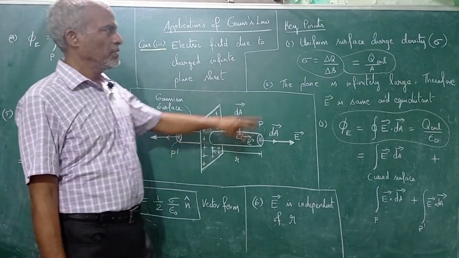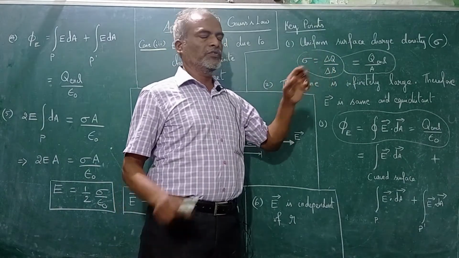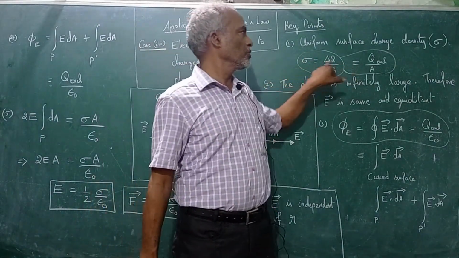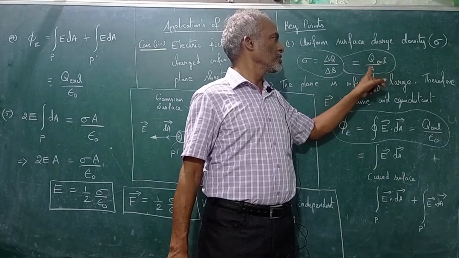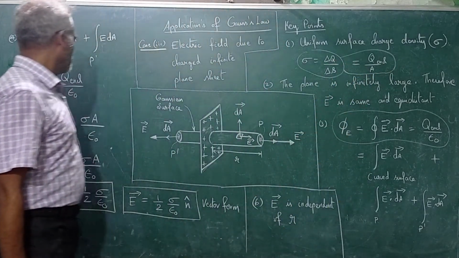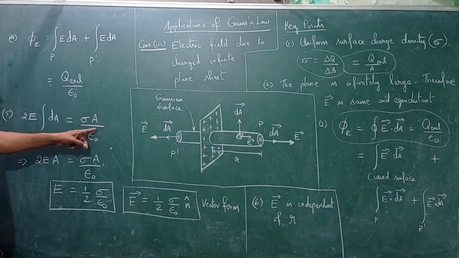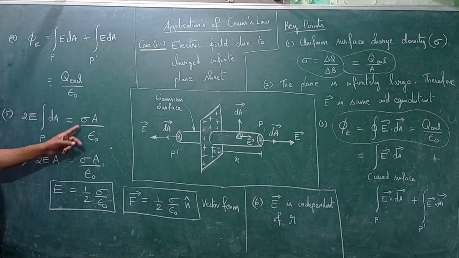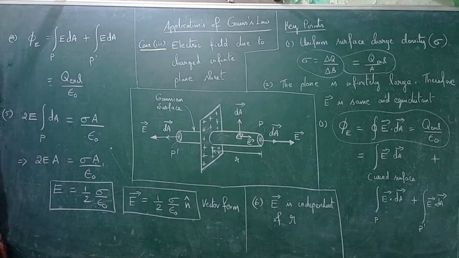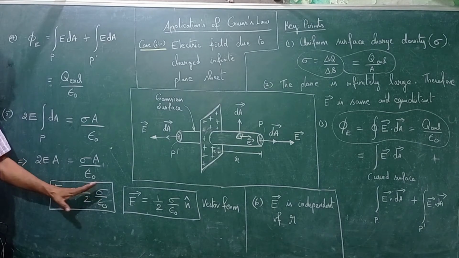From the surface charge density, del q by del s, for the whole Gaussian surface sigma is equal to charge enclosed by area. That means charge enclosed is equal to sigma into A, which we substitute here. So charge enclosed is sigma A divided by epsilon naught. Integral dA is nothing but A. So 2E into A equals sigma A by epsilon naught, A gets cancelled. Therefore, E is equal to 1 by 2 sigma divided by epsilon naught.